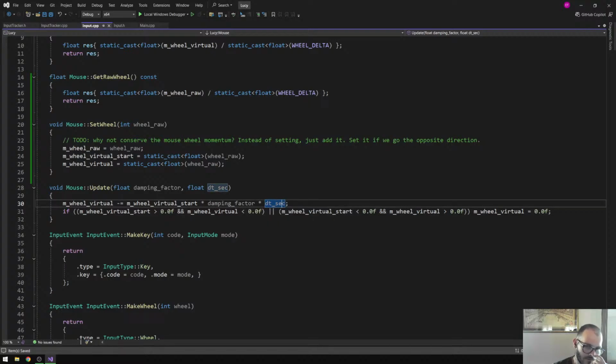From this I multiply with the damping factor, because the damping factor is like a percentage per second.